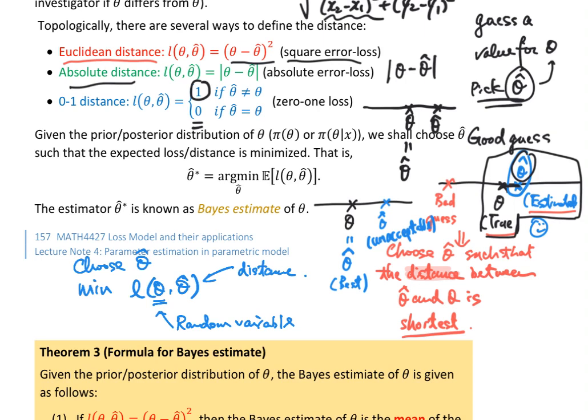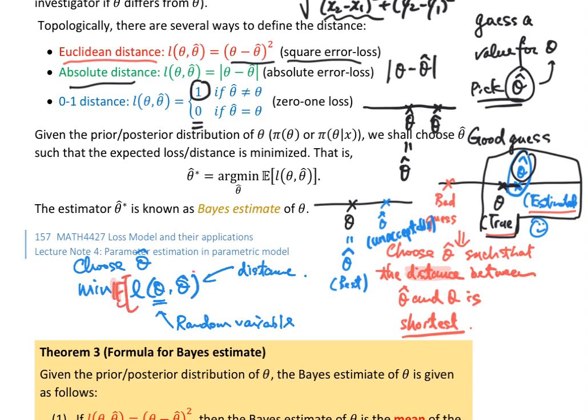Remember, we don't know the exact value for that. Knowing that this is a random variable, of course the actual value of this loss function is unknown. So one fair way to assess the value of this loss function is to simply take the expected value of that.